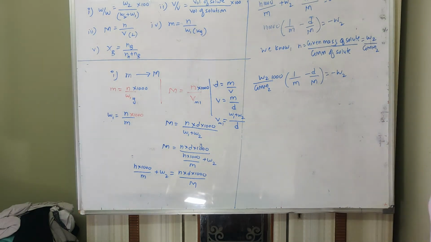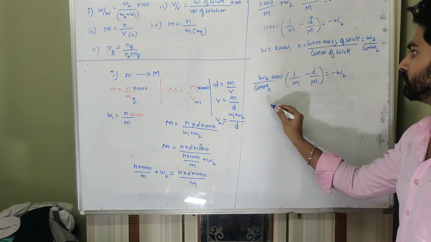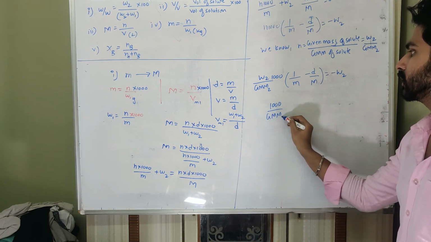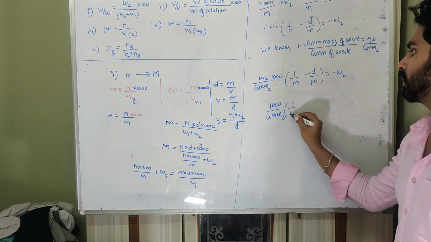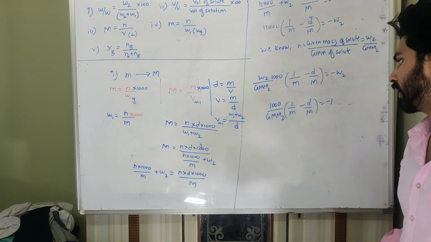So W2 will get cancelled. So now 1000 upon gram molecular mass into 1 upon M minus D upon M equal to minus 1.